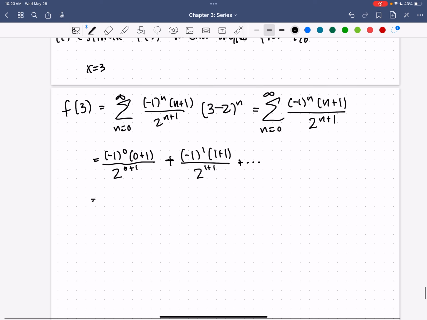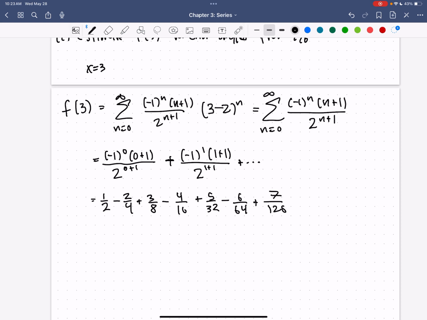I'll give you what they end up evaluating to. We get 1/2 minus 2 over 4 plus 3 over 8 minus 4 over 16 plus 5 over 32 minus 6 over 64 plus 7 over 128 minus 8 over 256, and so on.